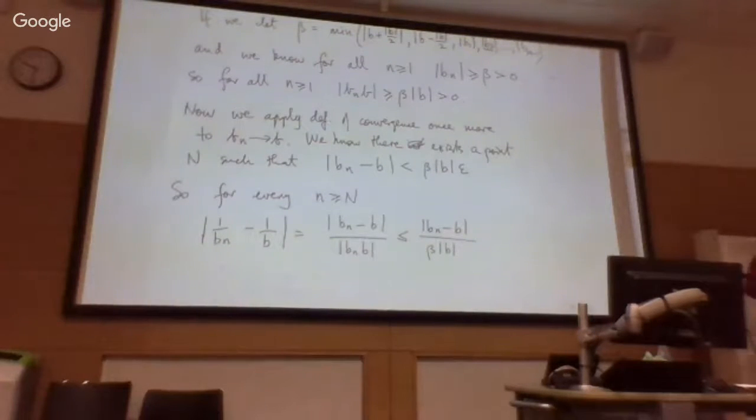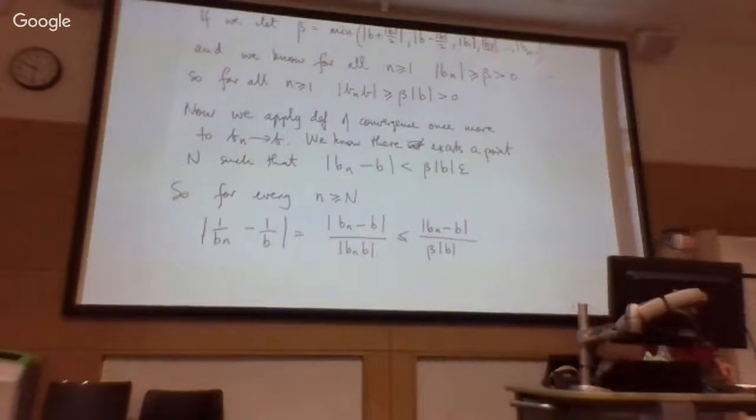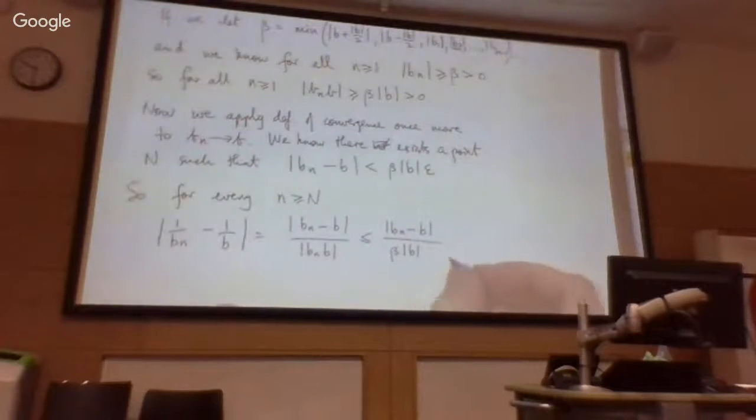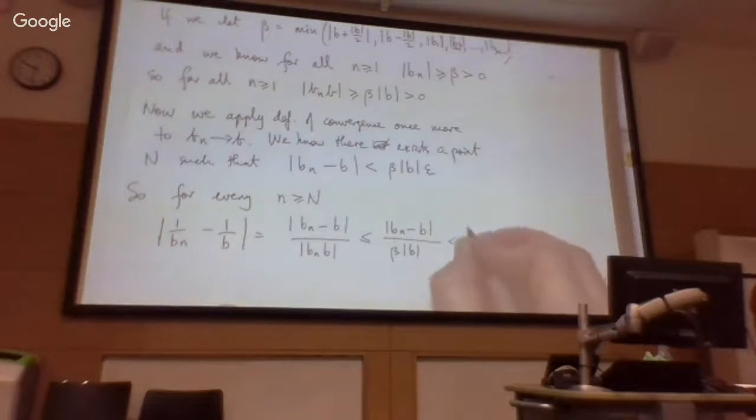Remember, when you make the denominator as small as possible, you're making the fraction as large as possible. And now I treat this thing on top, because I know little n is bigger than or equal to capital N, so I know that this is strictly less than beta over absolute value of B times epsilon over beta times absolute value of B. Okay?